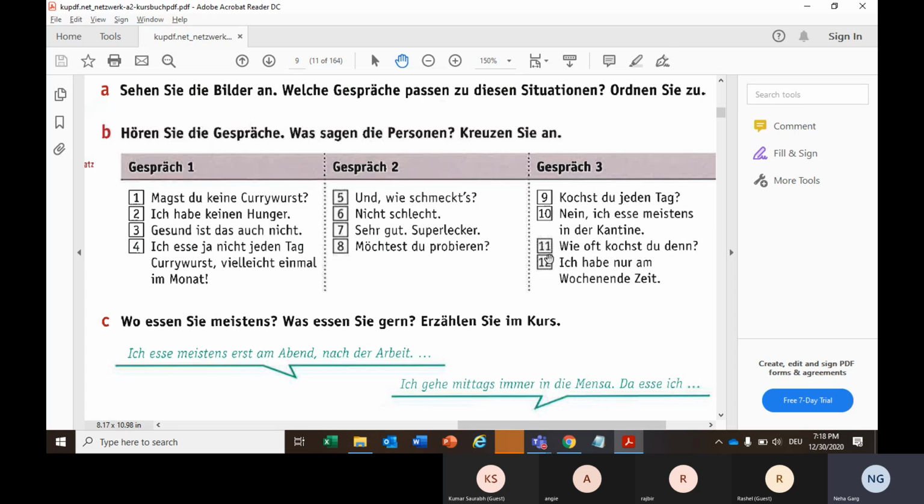Die Pizza für Sie und Ihre Pasta. Guten Appetit. Danke. Danke. Und, wie schmeckt's? Sehr gut. Super lecker. Möchtest du ein Stück? Ja, bitte. Oh, das ist wirklich sehr fein. Und deine Pasta? Die ist auch sehr gut, danke.